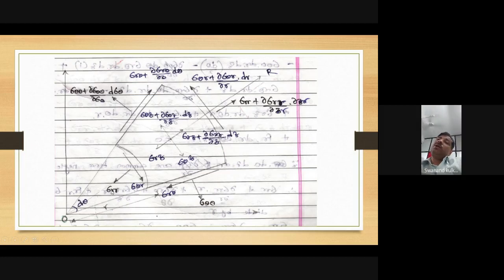The angle in between is d theta by 2. And the same thing is going to reflect here, because this line OR and this sigma theta theta are perpendicular to each other.